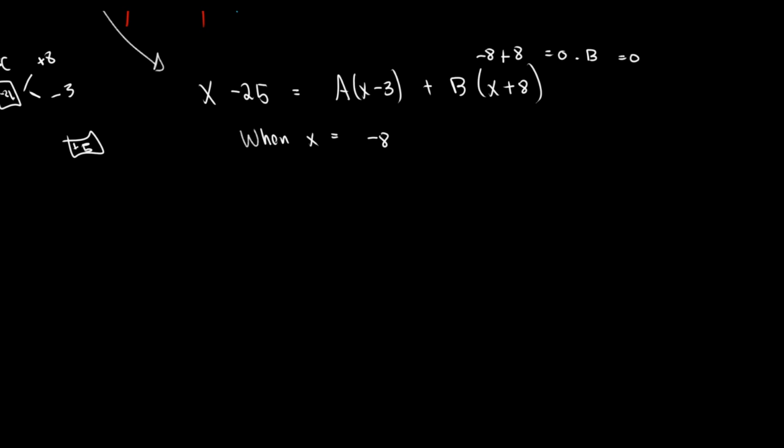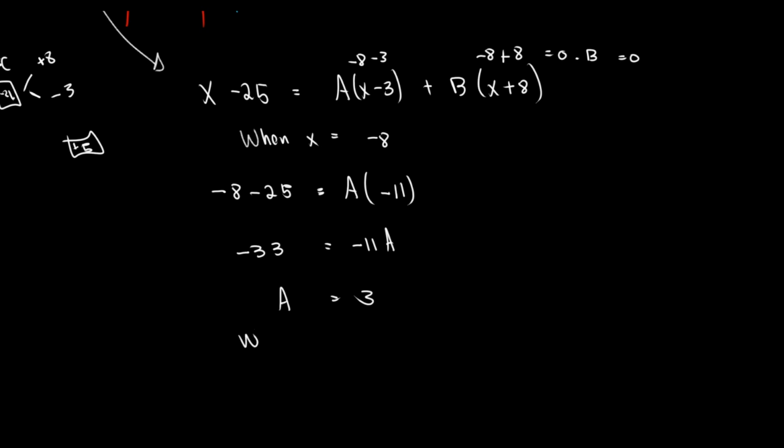So all of a sudden we eliminated b. Now we can solve for a. So negative 8 minus 25 is going to be equal to a multiplied by negative 11. Why? Because negative 8 minus 3 is negative 11. This gives me negative 33 is equal to negative 11a. I can divide both sides by negative 11, so a is therefore equal to 3.